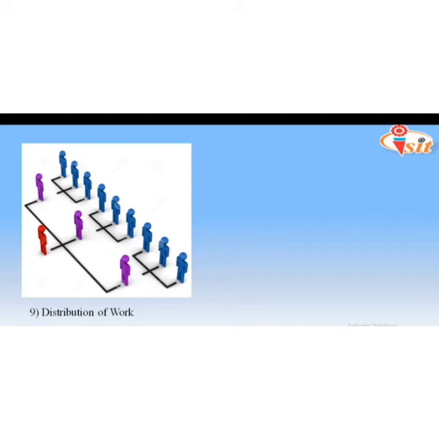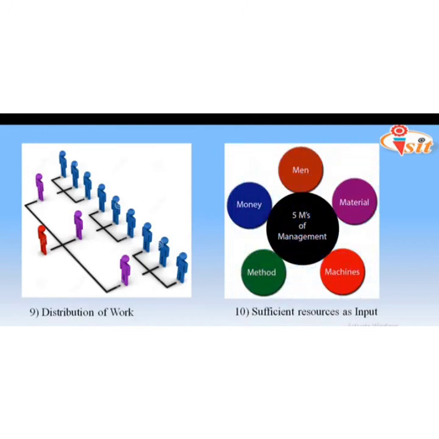Every person has different skills and abilities, so we have to utilize these abilities as well as their skills, and it becomes necessary to distribute the task or work according to the abilities of the workers. So by distribution of work, the supervisor can get his work completed by allotting the work as per their abilities.